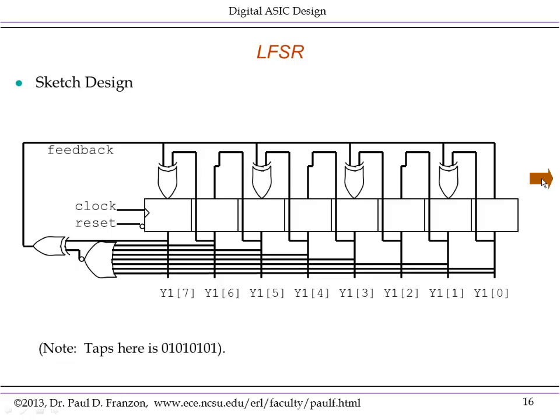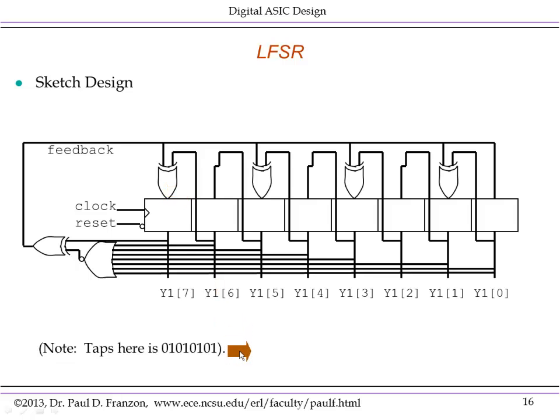The specific sequence of numbers depends on the initial number loaded in on the reset, and also depends on the taps, that is, where these XORs are in this feedback chain where you take the lower order bit and XOR it or not with an aggregate of all the bits before to determine the D input for that flip-flop.